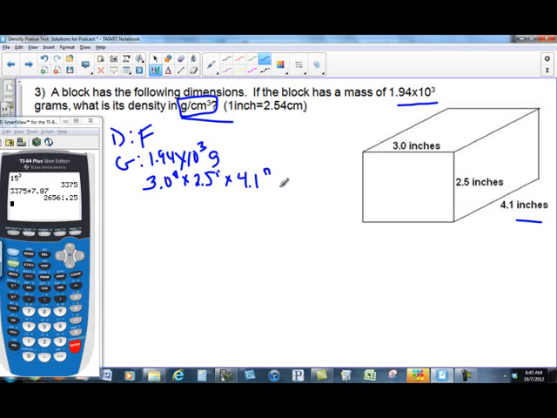So if I punch this in, I'm going to get, for my volume, 3.0 times 2.5 times 4.1.